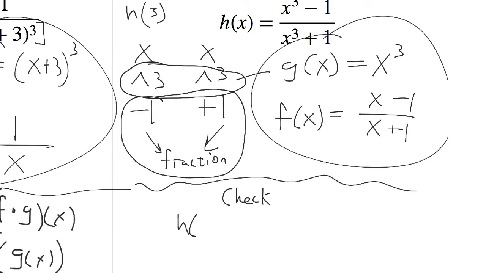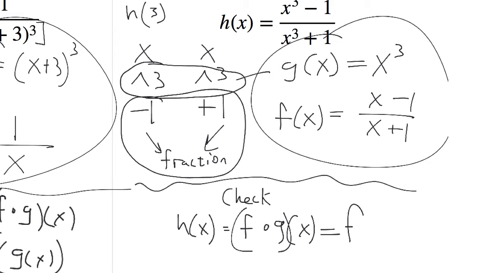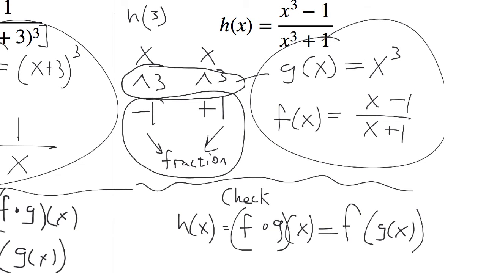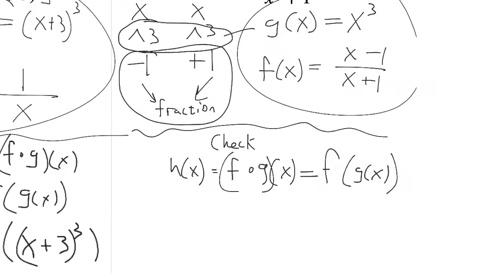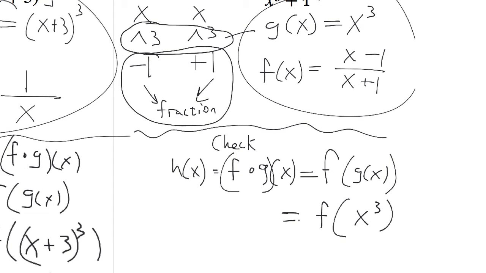Is h of x actually the composition of f and g of x when it's defined like that? Well, that's just f of g of x, and writing g out, that's just x cubed. So f of x cubed, what would that be?